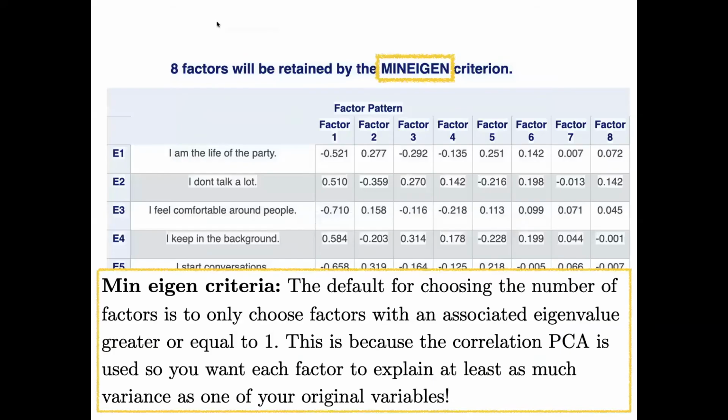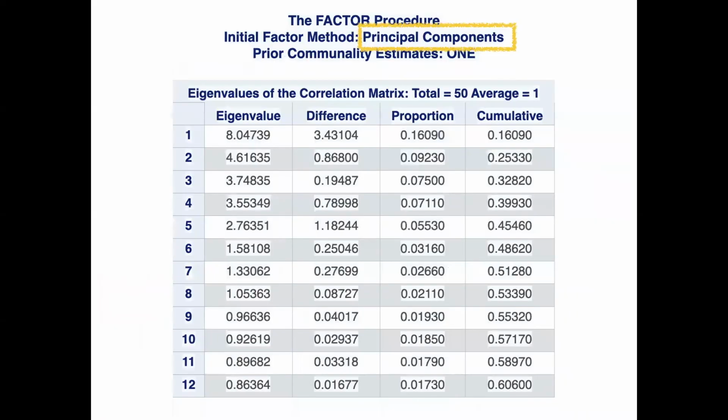And below that, it says 8 factors will be retained by the min eigen criterion. This min eigen criterion, also known as Kaiser rule, is the default for choosing the number of factors. And what it does is it chooses factors that have an eigenvalue greater or equal to 1. So on the last slide down here, you see there were 8 eigenvalues greater than 1.